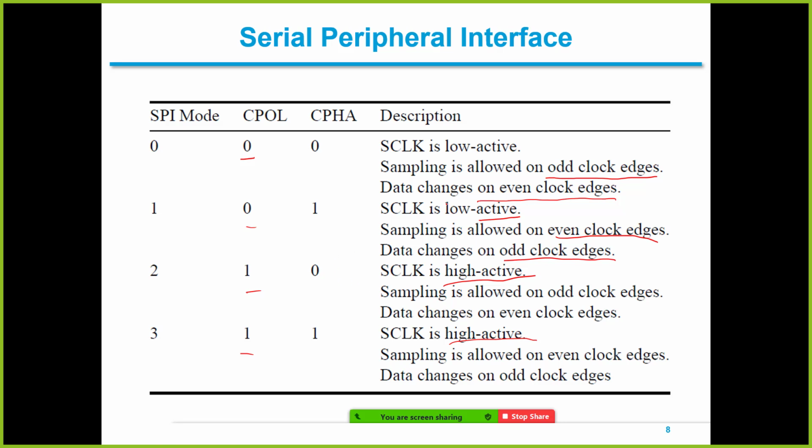This should be easy to understand. Because we have 2 signals here, and each may be 0 or 1, together we have 4 combinations, and they are the 4 modes for SPI. The sampling and data change depend on the value of these 2 signals.